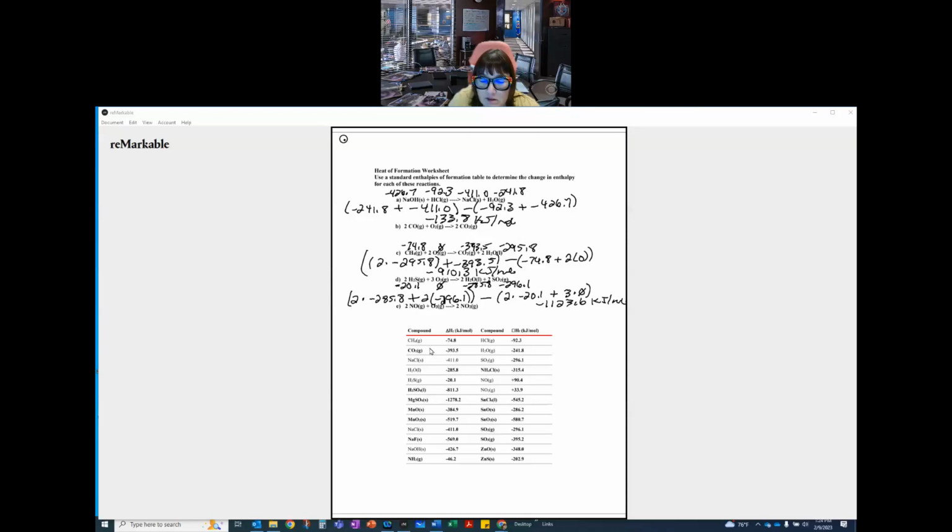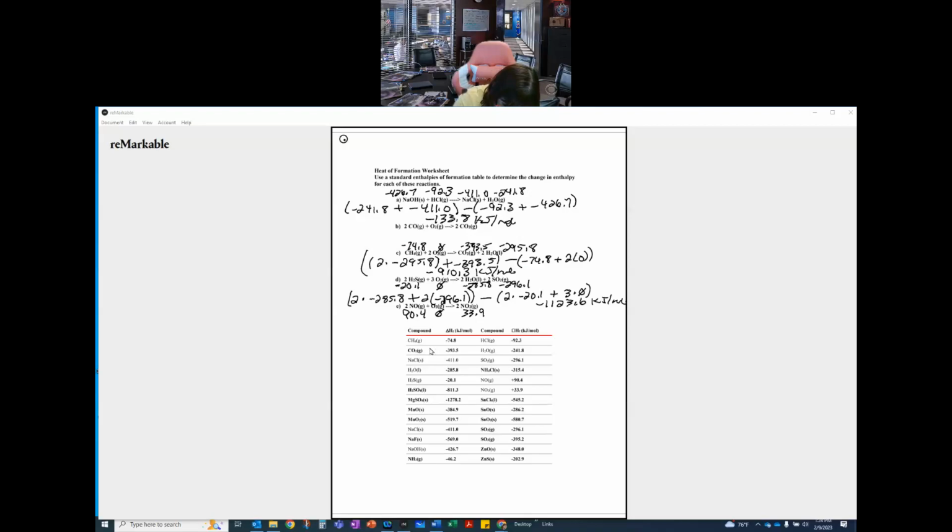So I see NO. Where's my NO gas? NO, oh, there it is. NO gas is 90.4. And then we have O2 gas, which is 0. N2 and N2, I think we actually calculated this already. N2 is 33.9.